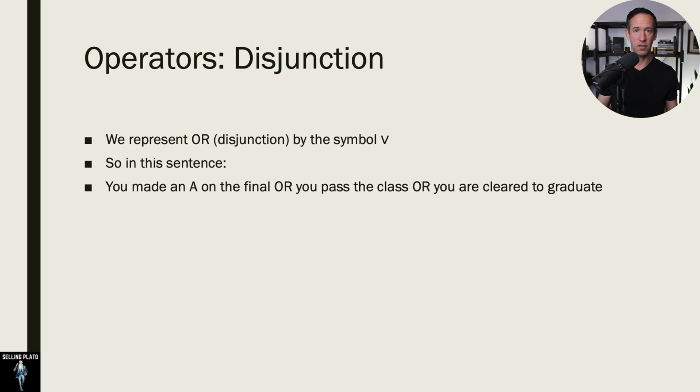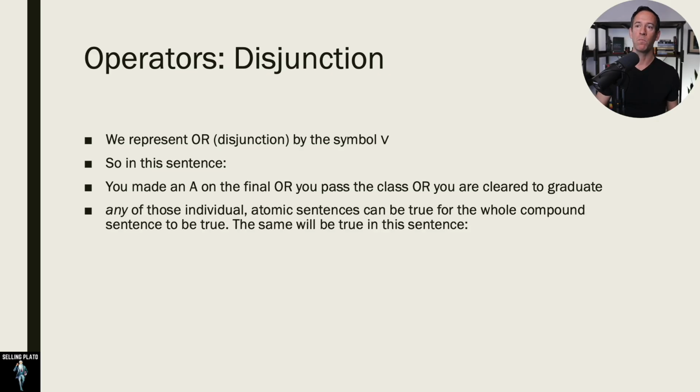There's the big long sentence, and I labeled it for you. Any of those individual atomic sentences can be true for the whole compound sentence to be true. You only need one. It could be the first one, the second one, or the third one. If any of those are true, then the whole thing is true. If all of them are true, the whole thing is true. If two are true, the whole thing is true, right?